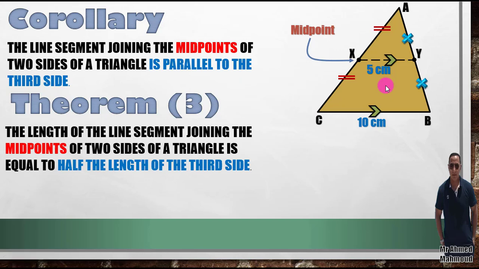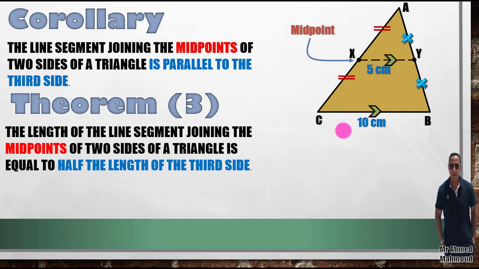Finally, I can say that we have four items: midpoint, parallel, and half. In the problem, he will give you two items and you will conclude the other two.